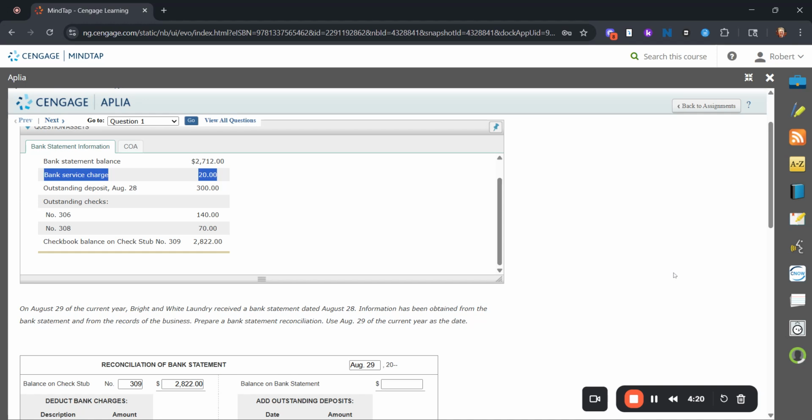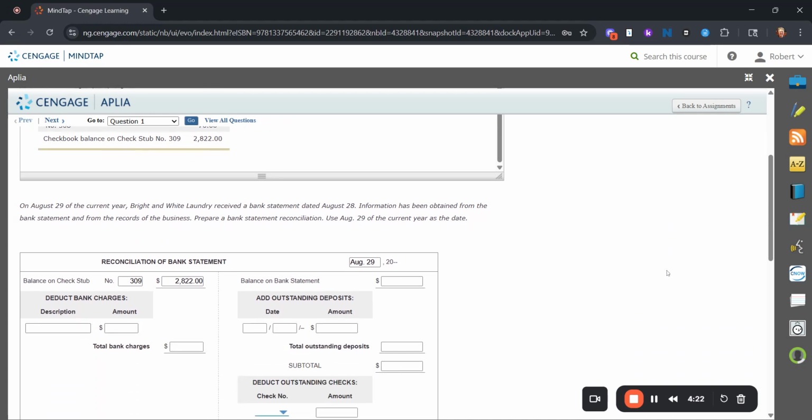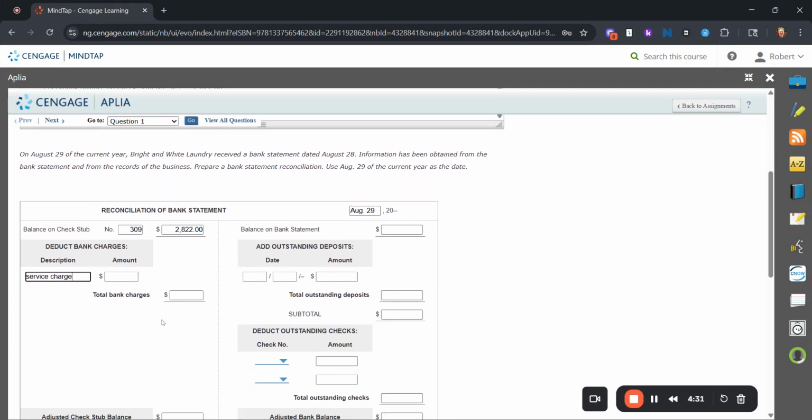So that's the service charge for having the checking account. So we'll fill in the description, service charge, $20. And that was the only one, so the total bank charge was $20.